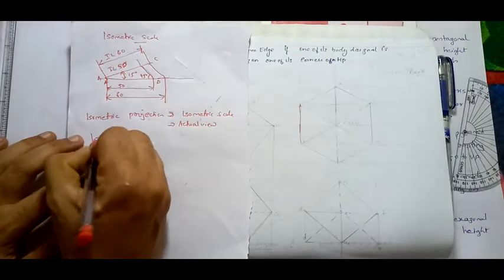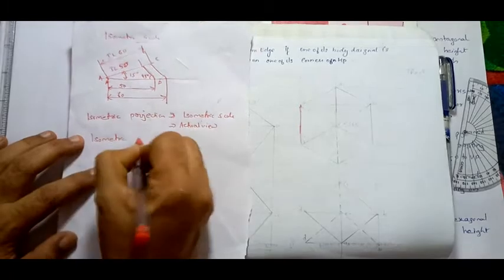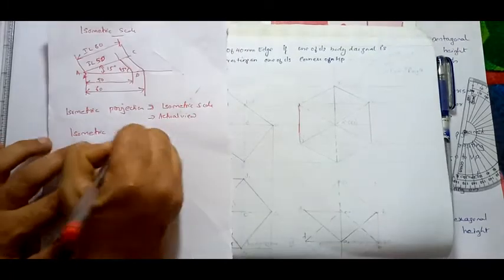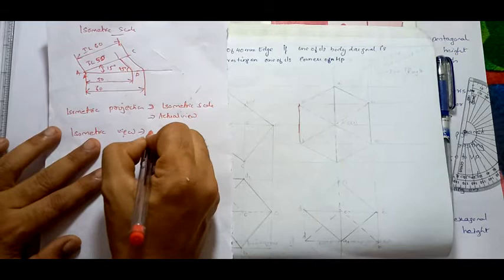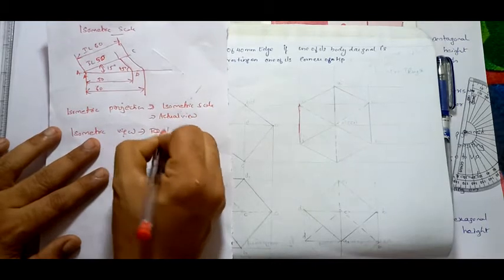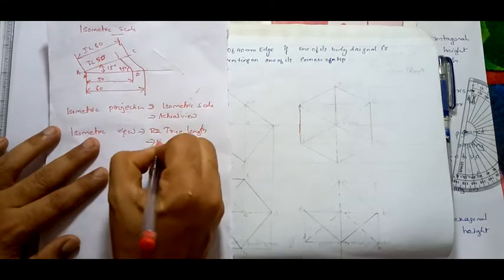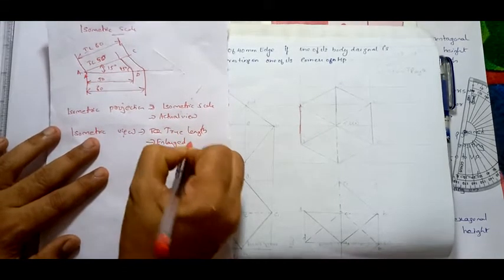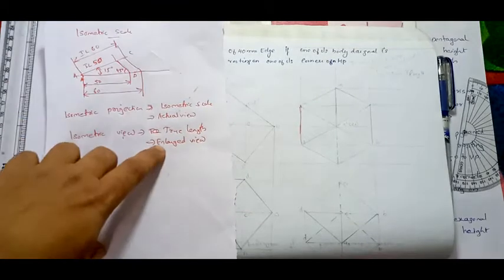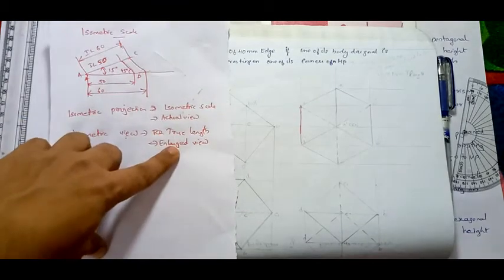So that is called the isometric view. For easy purposes you can draw the isometric view. Isometric view means that instead of taking the isometric scale we take the true length for drawing. But true length means it's not the actual view, it is an enlarged view. The isometric projection drawn with the isometric scale is the actual view.